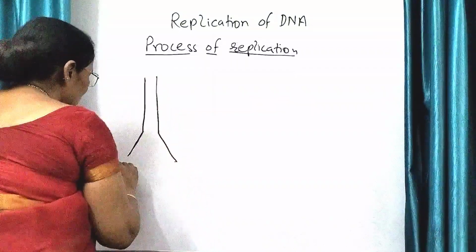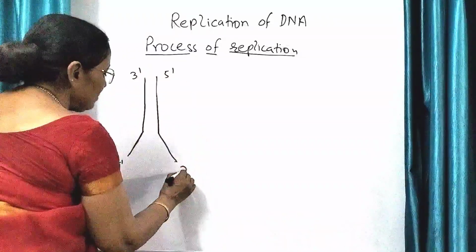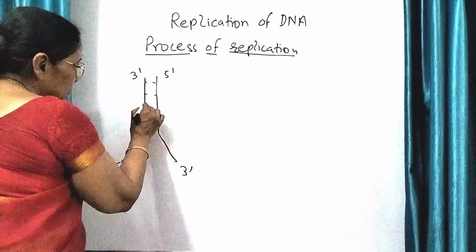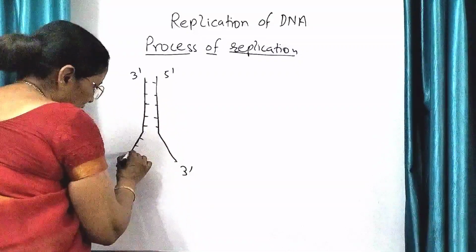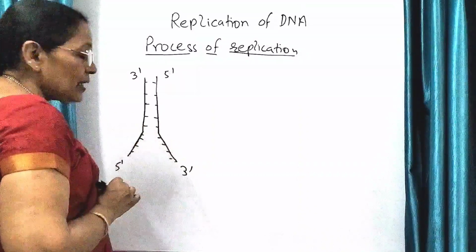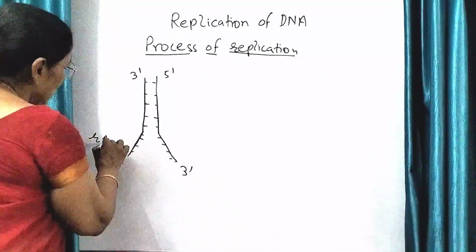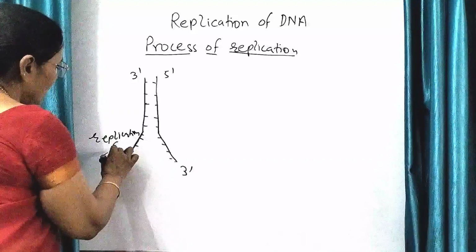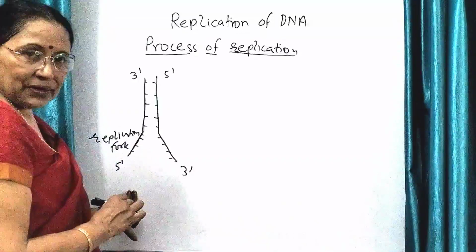So one is 5 prime, 3 prime, suppose, and these lines show the base pairs. Fine. Now this is the replication fork, also called the Y fork.